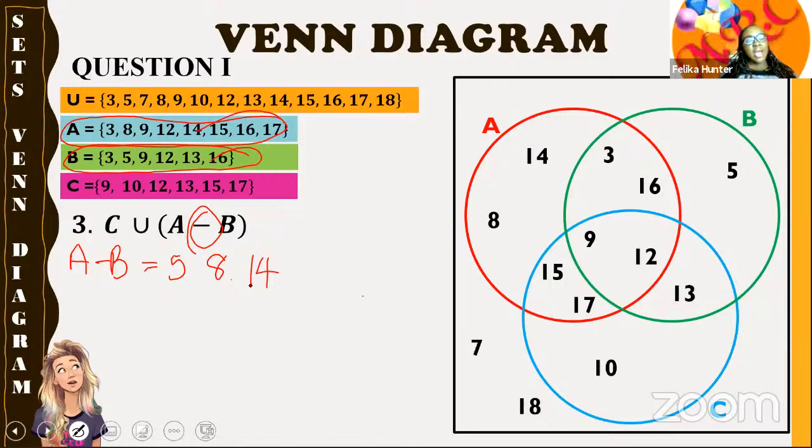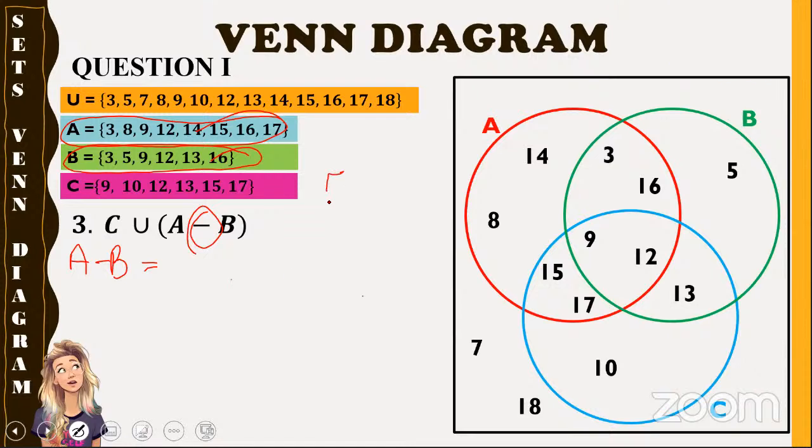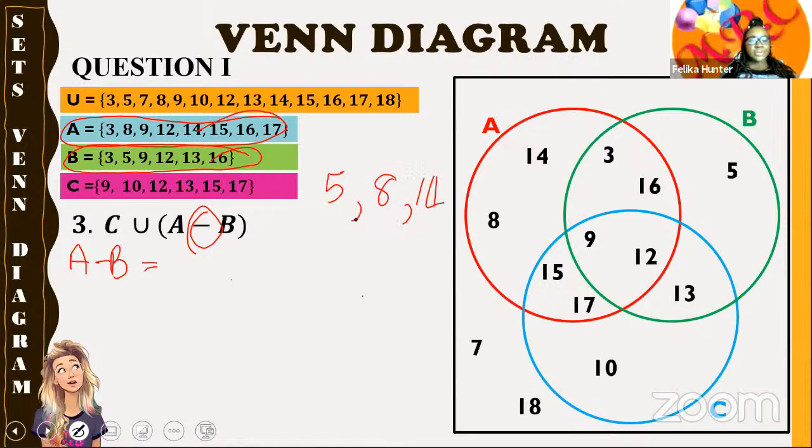Let me write it up here, what you said. 5, 8, 14. What I want you to do is to understand that A minus B is actually what is left in A after taking out what you can take out using B. So you come to A, and you see a 3 here.